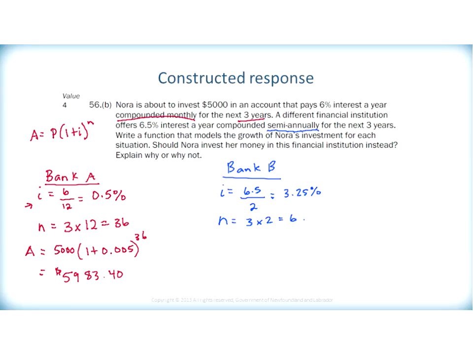So we have our future value will equal the principal, which is $5,000, 1 plus 0.0325 to the power of 6. This will give us $6,057.74. So I said, which financial institution should Nora invest in? And she should invest in Bank B, since it will give her more money. She will gain more interest in Bank B.